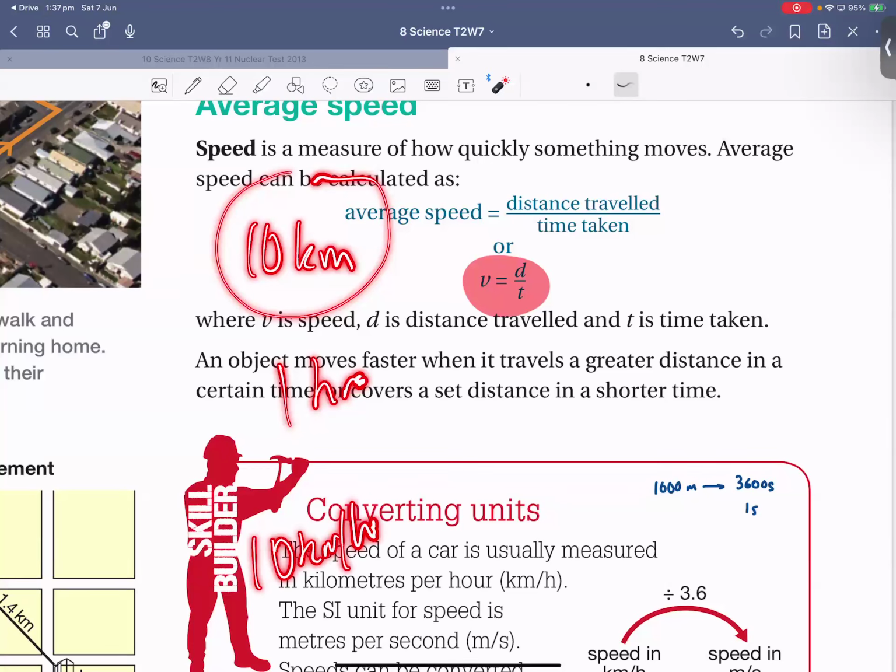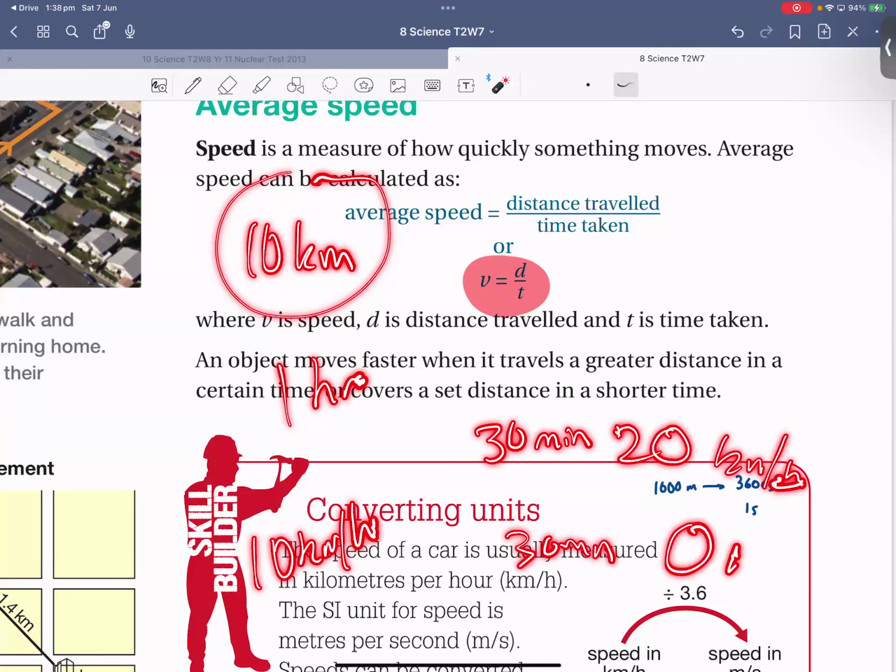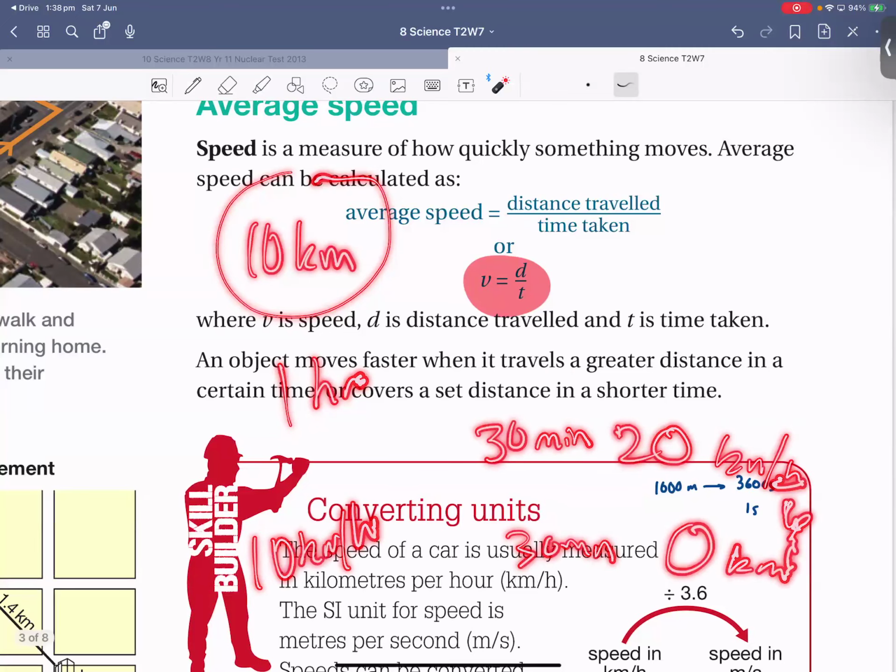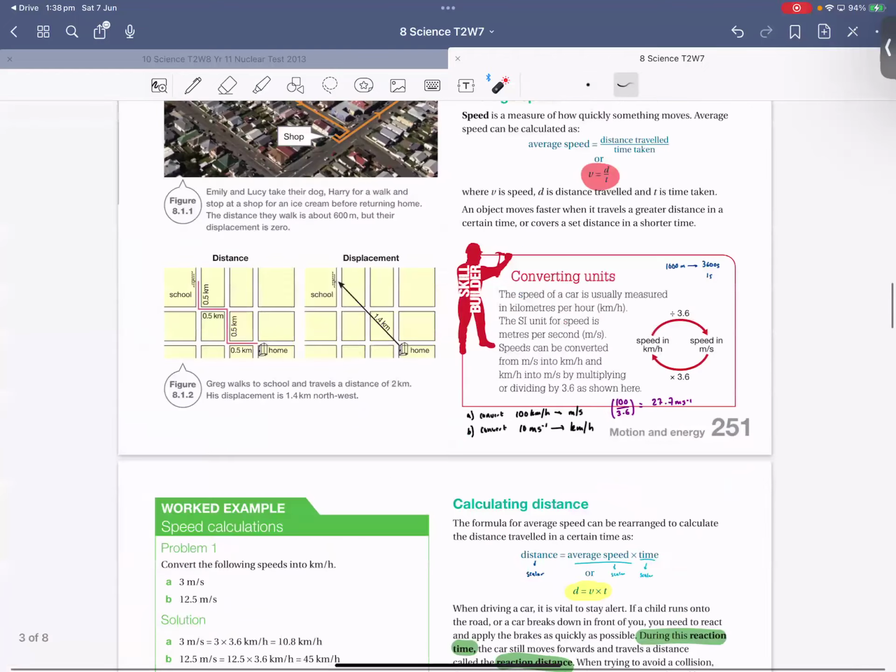But it could mean that in the first 30 minutes, I'm traveling at 20 kilometers an hour, so I make up my distance, but then the last 30 minutes, I'm not even moving at all. That's why average speed tells you your speed over the entire course of the journey, but instantaneous speed gives you the speed at a given time.